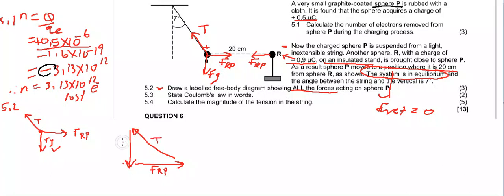So here we have vertical and horizontal, which make 90 degrees. So we need this angle. After that we are going to use the sine rule: sine of angle A divided by small letter a, the side opposite to angle A, equals sine of angle B divided by small letter b, the side opposite to angle B.